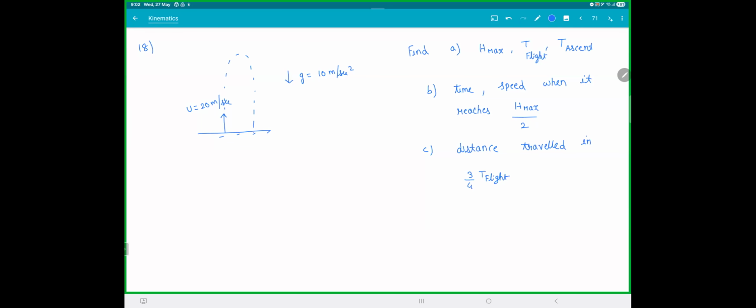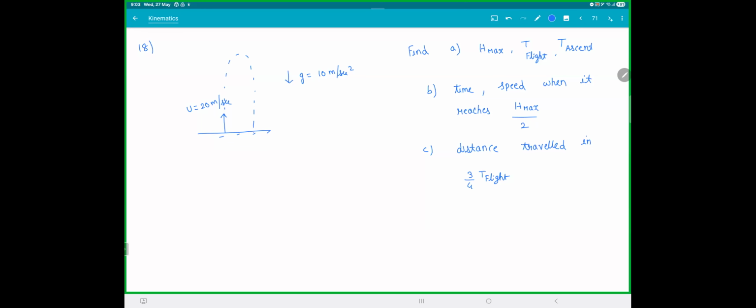The first one is easy. Get B and C. Give me those answers. First one is nothing, you have to just substitute the formulas. H max, time of flight, time of ascent. Second question, time and speed when it reaches half of H max. And distance traveled in 3/4 of time of flight.